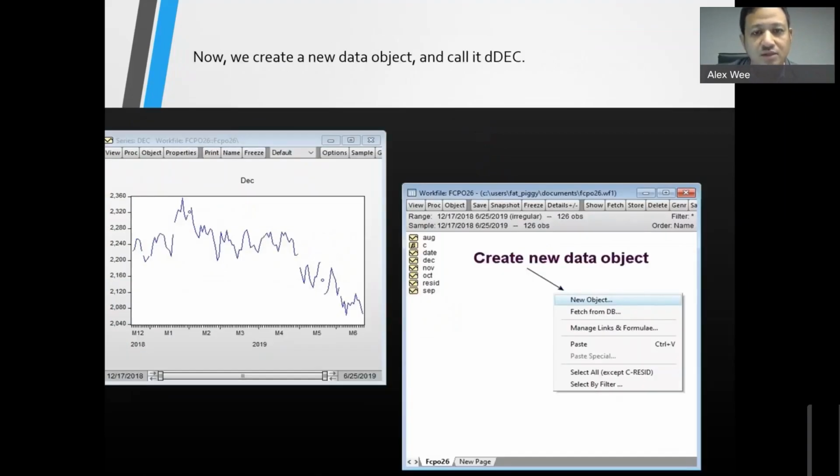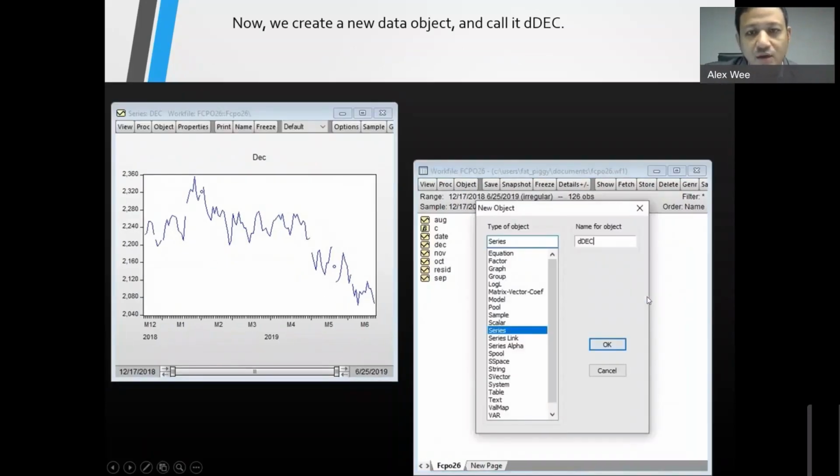So how do we process it? You have to create a new data object in EViews. You can call it D in front, DEC. You can call it any name, but I just give it the name DEC. Create a new data object inside EViews, under New Object, Series, under time series, give it a name, and click OK.